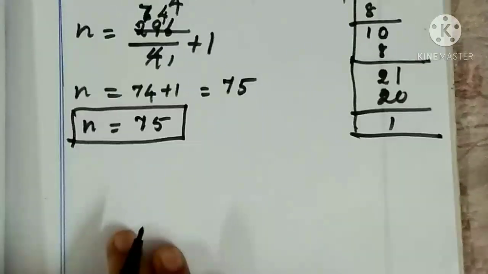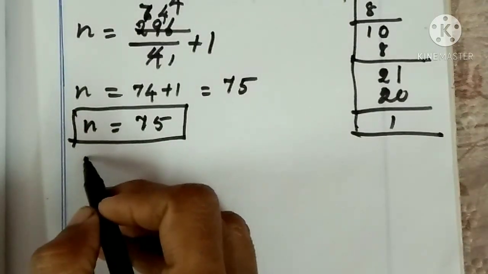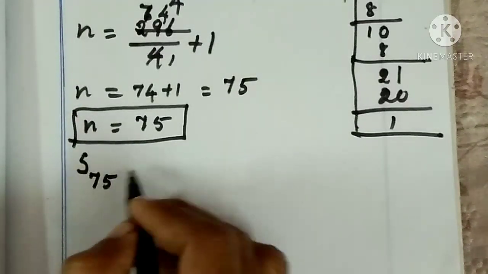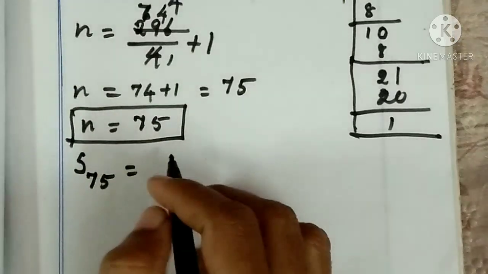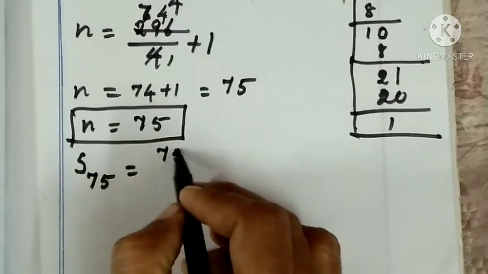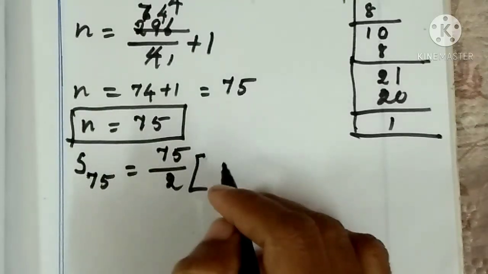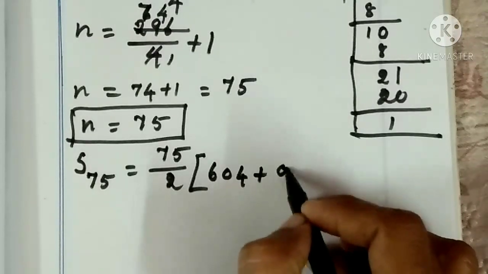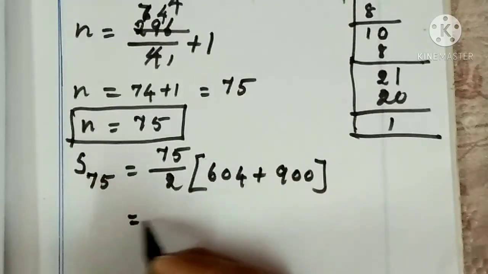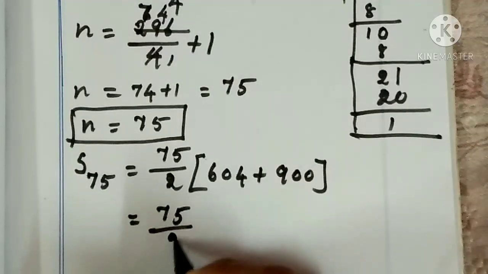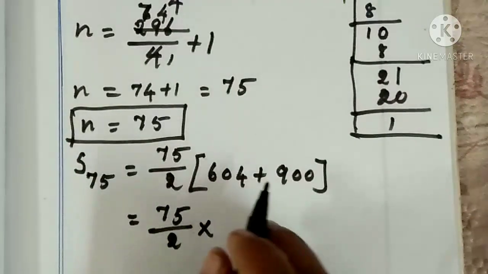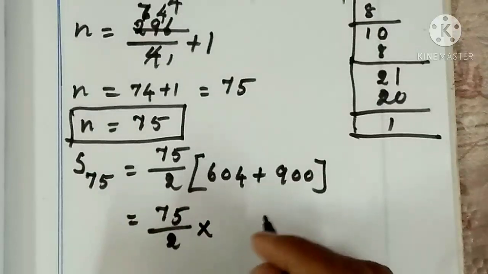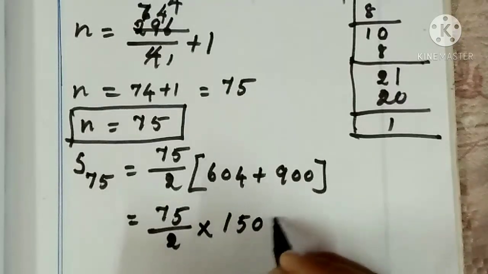By using this value, you have to find the sum of 75 terms, that is S75 is equal to n by 2, here n is 75, by 2 into (a plus l). Here a is 604 and l is 900. Now simplify this: 75 by 2 into 604 plus 900, we get 1504.